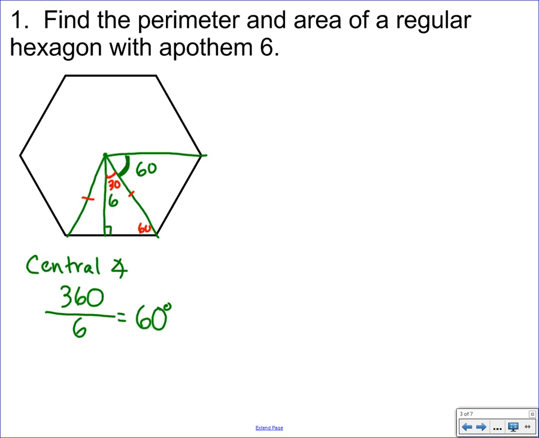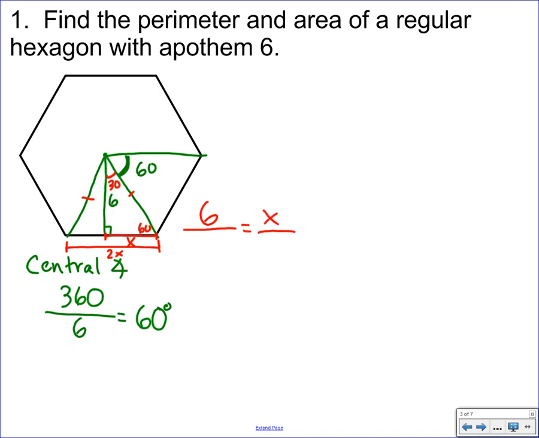Okay, so I know the apothem. I need to find the perimeter, so I need to find the side length. To find the side length, I'm going to call this x. The whole side length is going to be twice x. So if I'm solving for x, I have 6 over something is going to be x over something.